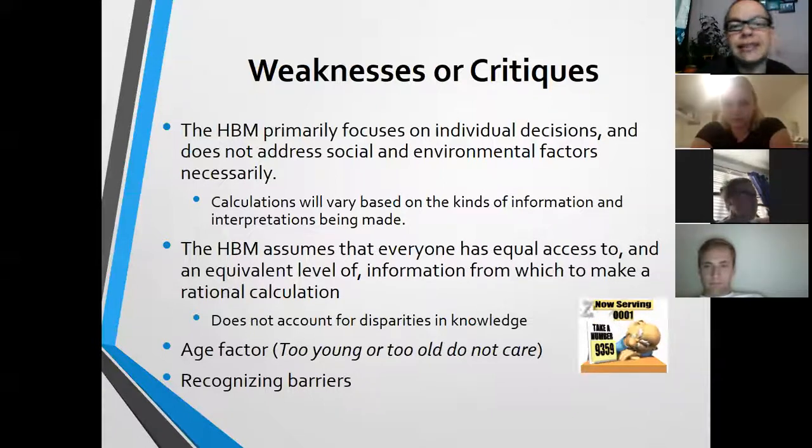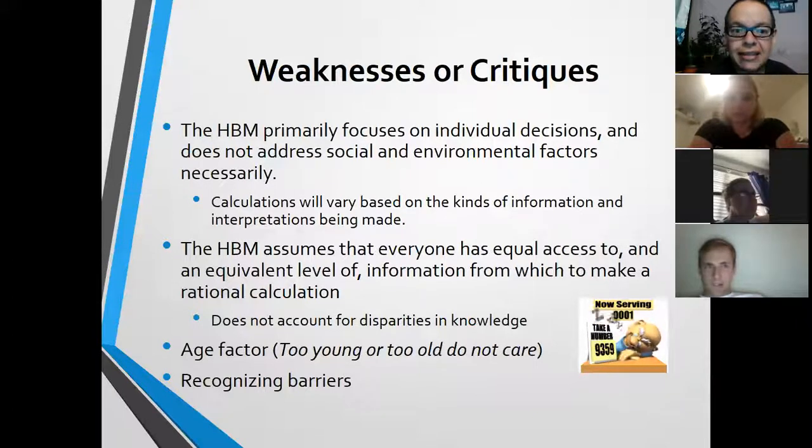And weaknesses or critiques. This is what we read at the very end of the text, when it says that there is no room for emotions or for environmental factors in the HBM.